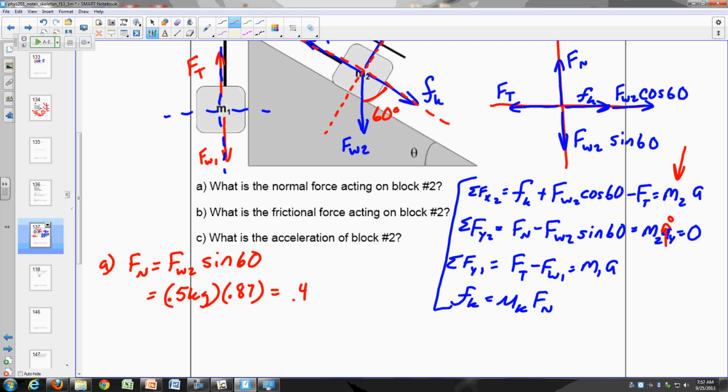Oh no, did I do something wrong? Oh, times 10. Right, I didn't put in my g there. It's actually 4.33 if you do it.